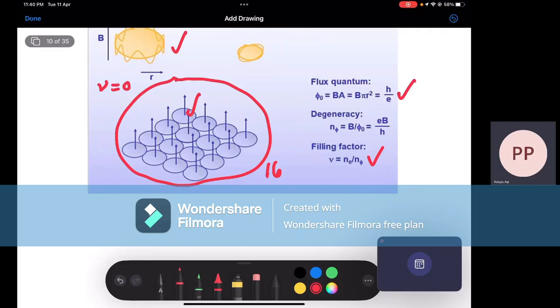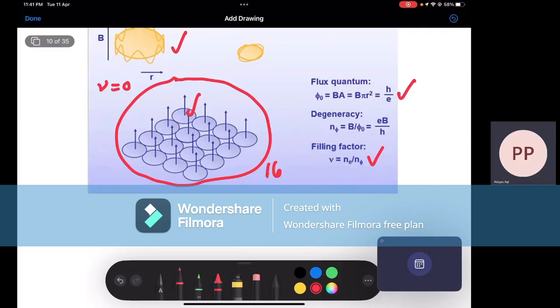Right now I don't have any electrons, so say my filling factor is 0. My unitless density is 0 electrons.